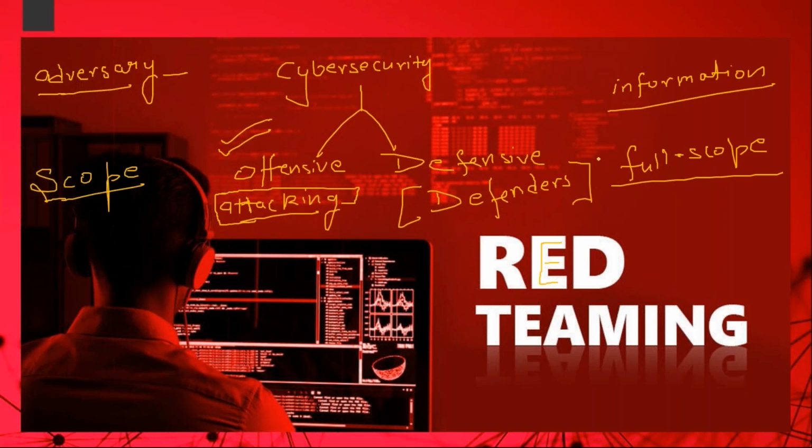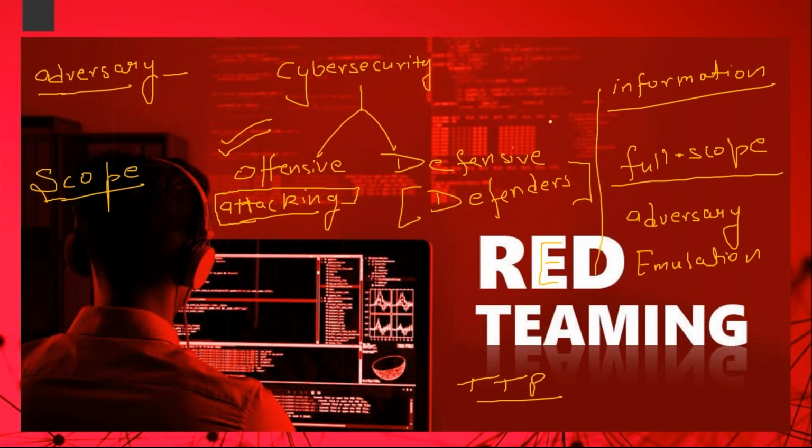Now in red teaming, you do something called adversary emulation. Not sandboxing, but when you simulate an adversary. It is a process in which you use the tactics, techniques, and procedures that are used by a specific adversary.